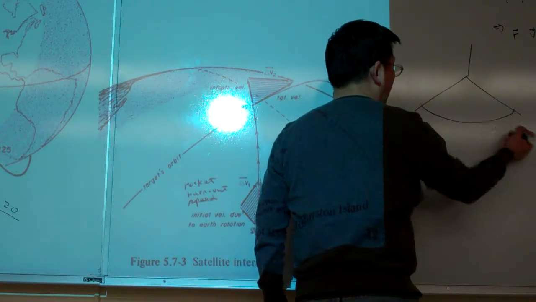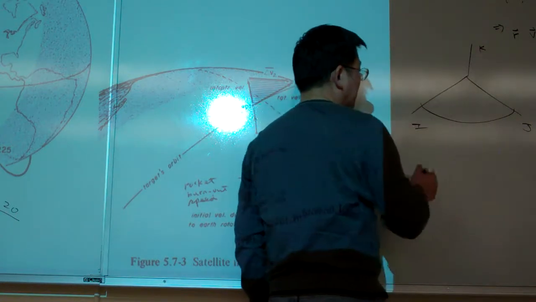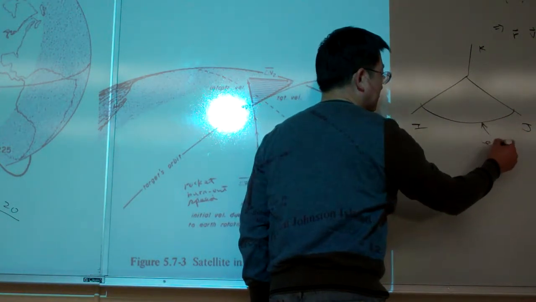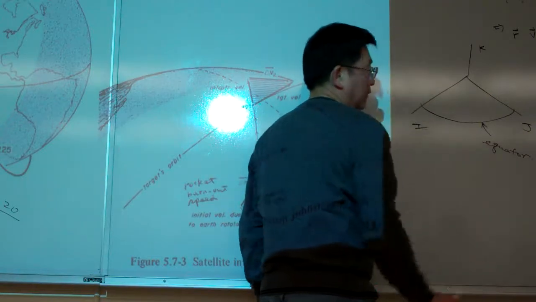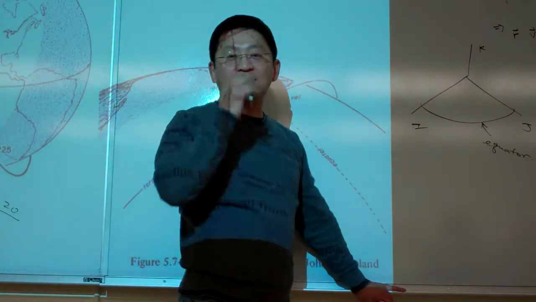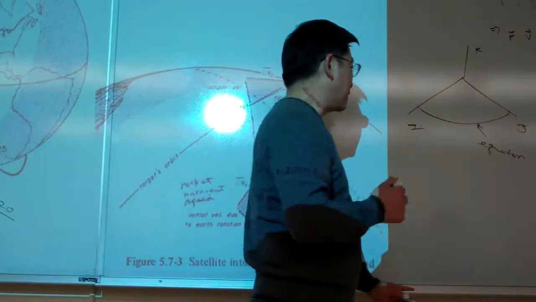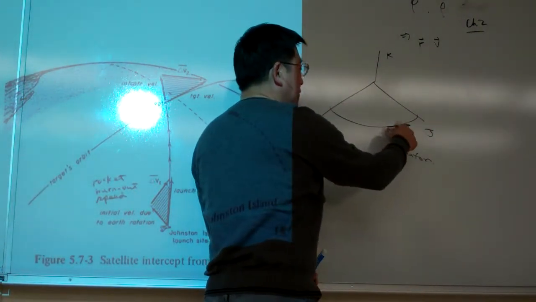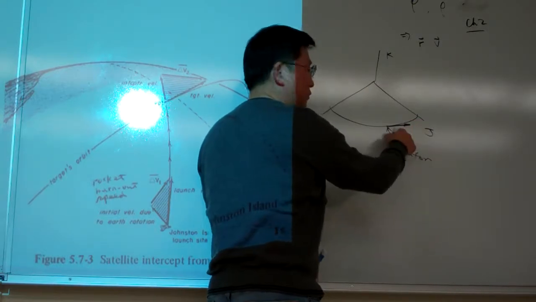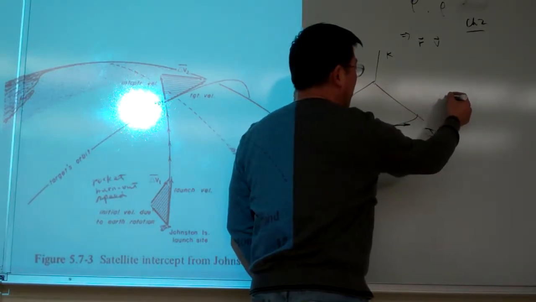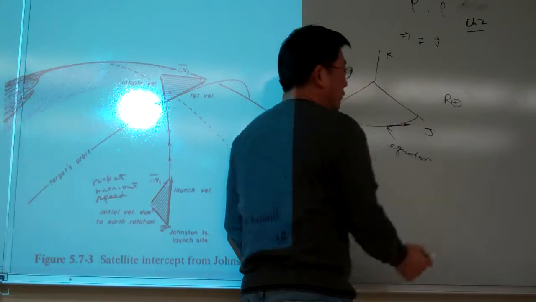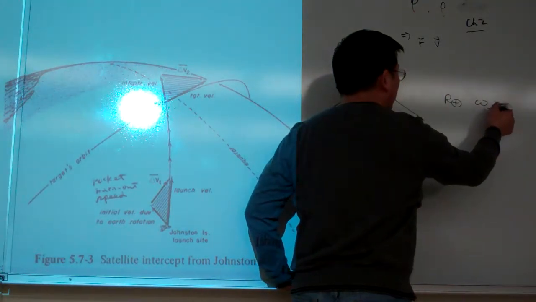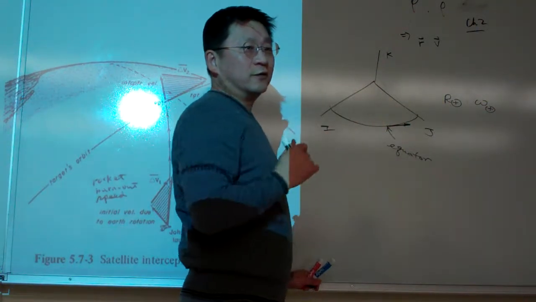If this is the I axis, this is J, this is the K axis, and this is the equator, we can calculate the surface speed due to rotation. It is calculated by the radius of the Earth multiplied by the rotation rate of the Earth.